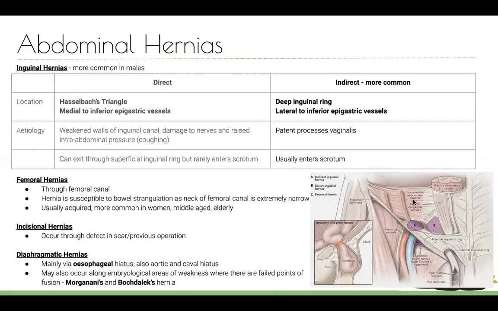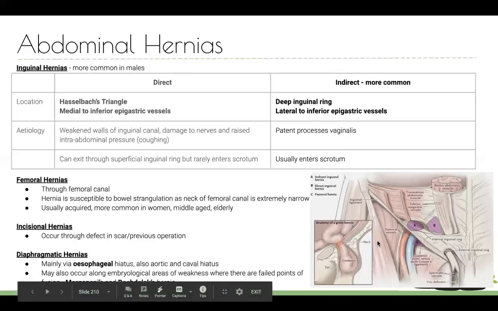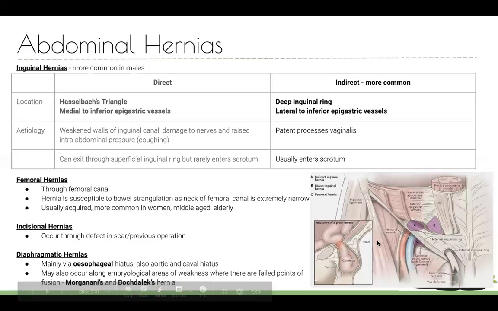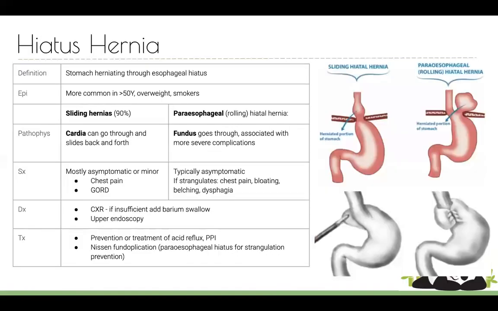Incisional hernias, like I mentioned before, are usually due to surgery. And then diaphragmatic hernias, mainly esophageal ones, but they can also be aortic and caval ones. And they may occur along embryological areas of weakness, but I wouldn't say that's important to know at all. You probably learn it in fourth year.